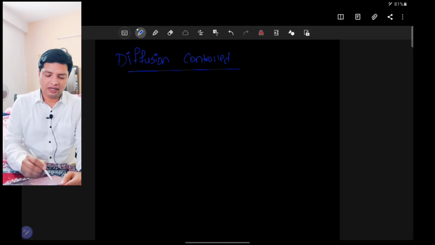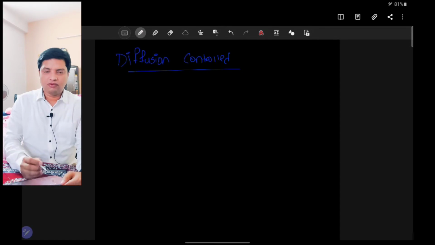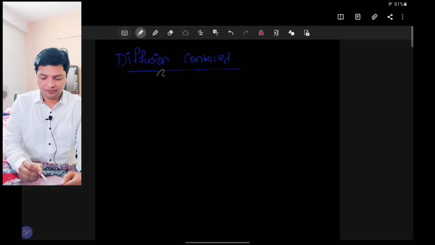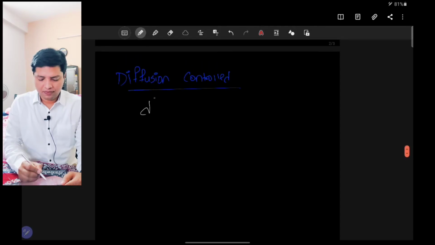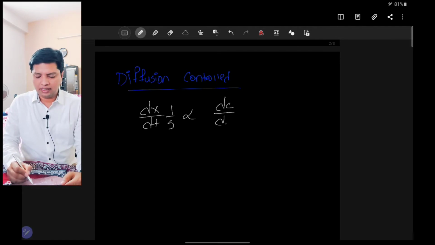To understand this, you have to understand what Fick's law of diffusion says. Fick's law says flux. What do you mean by flux? The rate of movement of drug per given surface area is called flux, and it is directly proportional to the concentration gradient.